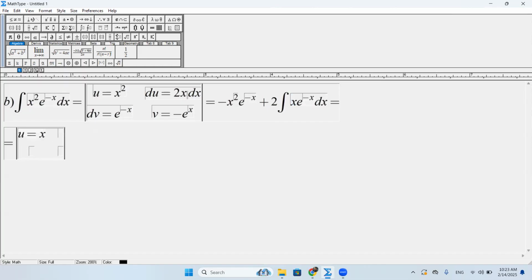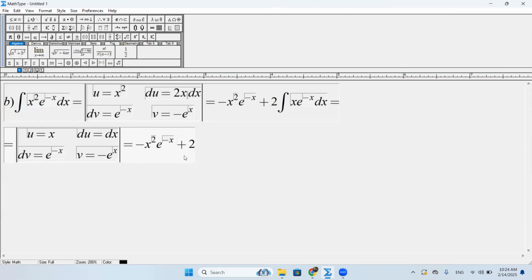So u equals x, and du equals dx. And the same for v and dv, nothing changes here. So don't lose this.